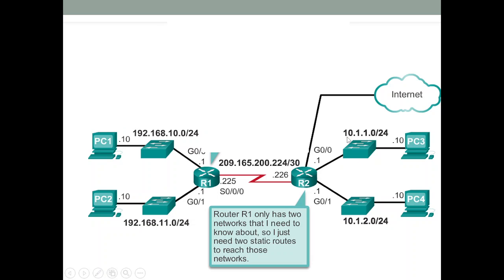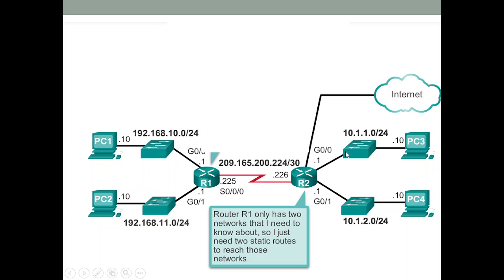So router 1 needs to know about these remote networks, and I just need 2 static routes to reach those networks. Static routes enable a router to learn about remote networks. So when I'm on router 1, I need to create 2 static routes.